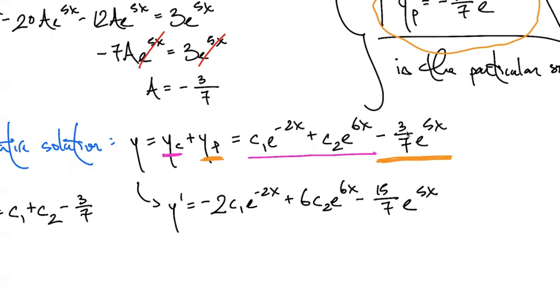And this initial condition says that y prime of 0 equals negative 1/7. So everywhere I see an x, I'm going to go ahead and plug a 0 in, and I'll get negative 2c1 plus 6c2 minus 15/7.